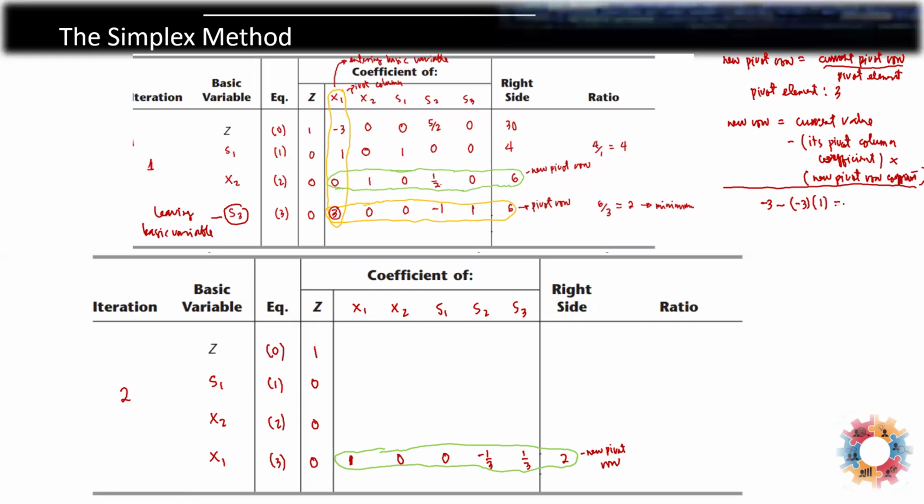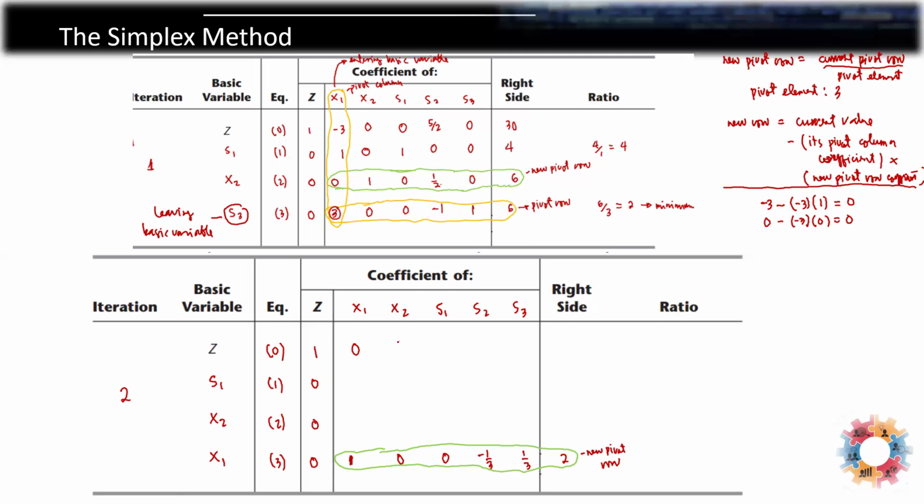So this is negative 3 plus 3, which gives us 0. And then you have 0 minus negative 3 times the new pivot row coefficient, which is 0.